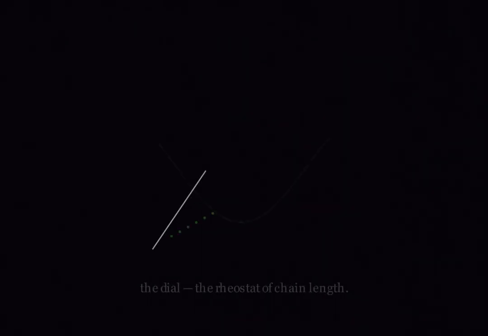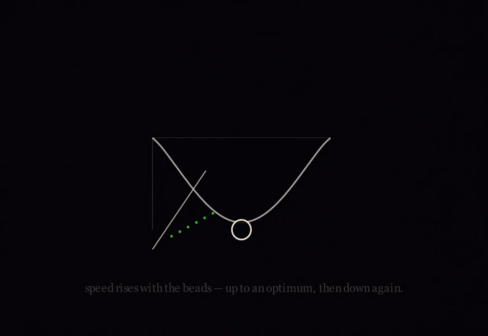The dial, the rheostat of chain length. The cutting enzyme, spastin, reads the chains of charge, and its speed rises with the number of beads on a tail, up to an optimum, and past the optimum, down again. Not a switch that says cut, a dial with a best setting, answered across a range.